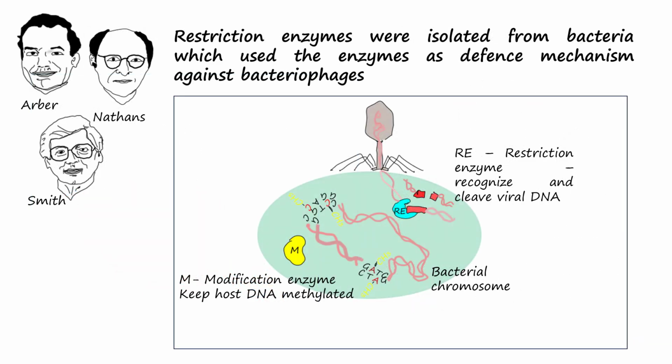The enzymes these scientists isolated were from bacteria. Bacteria use restriction enzymes as a defense mechanism, cutting the DNA of bacteriophages that attack them while protecting their bacterial DNA by modifications such as methylation.